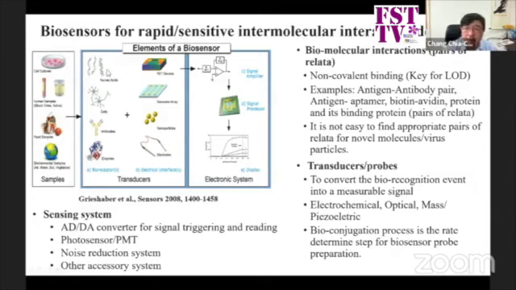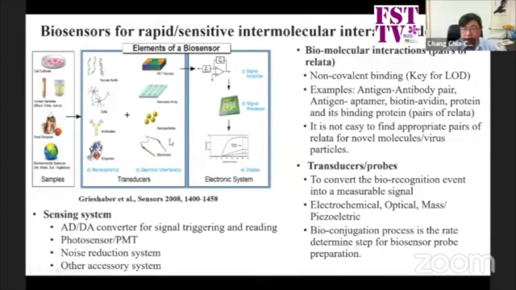Some others, such as drugs, can be detected or can interact with DNA, and we will discuss that later. When those molecules interact with each other, it's important to let our detection system transfer the signal.